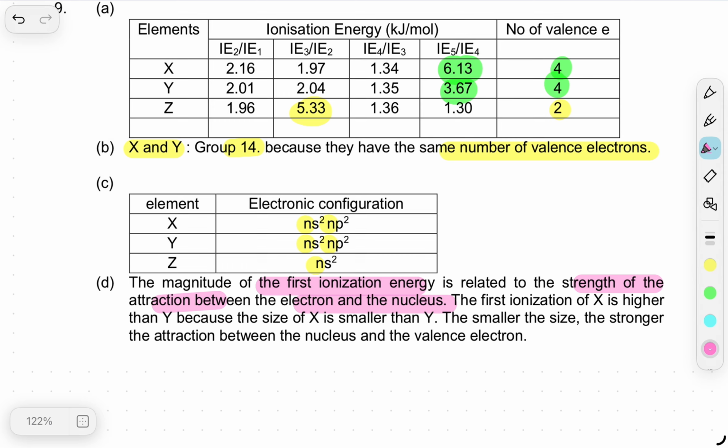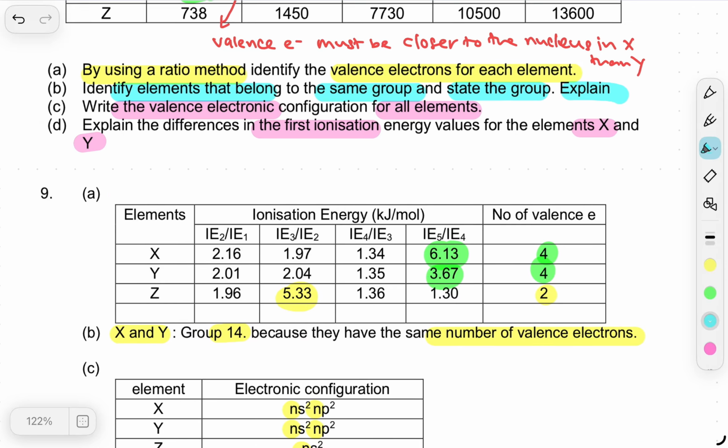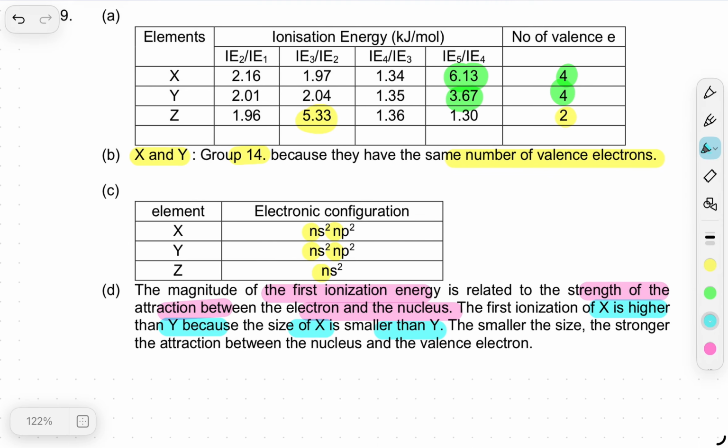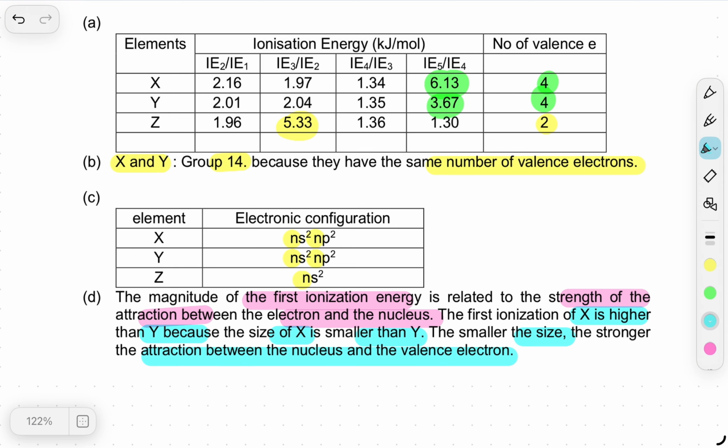Since the first ionization energy of X is higher than Y, that means X is smaller than Y. That's why the distance between the valence electron and the nucleus must be closer in X than Y. Since X is smaller, the attraction force between the nucleus and the valence electron is stronger in X compared to Y. Those are the things that you have to rationalize when it comes to questions like this.